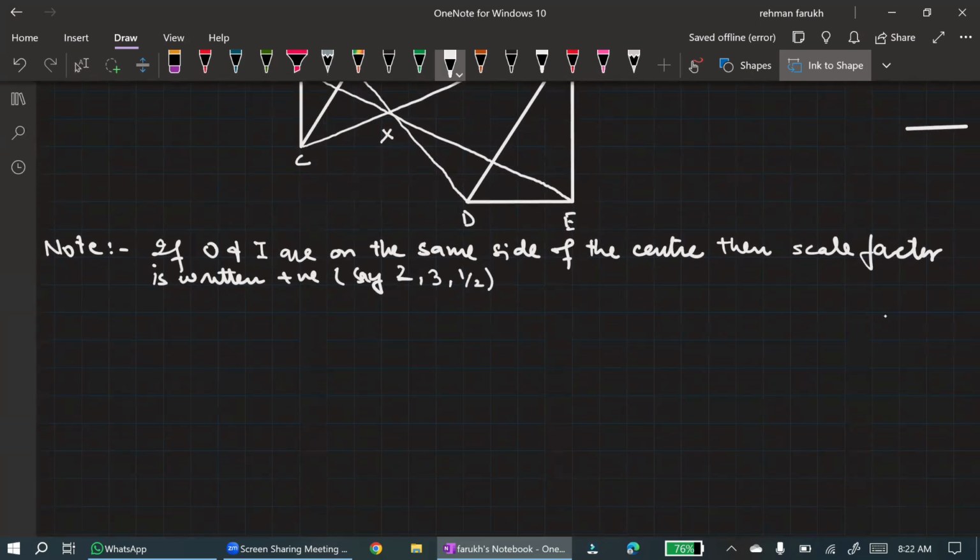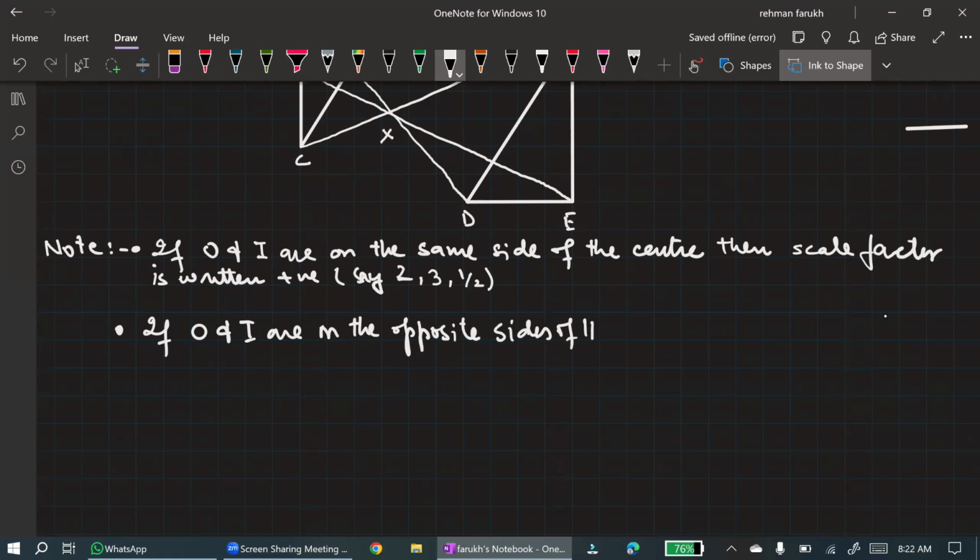And if O and I are on the opposite sides of the center, then the scale factor is written negative.